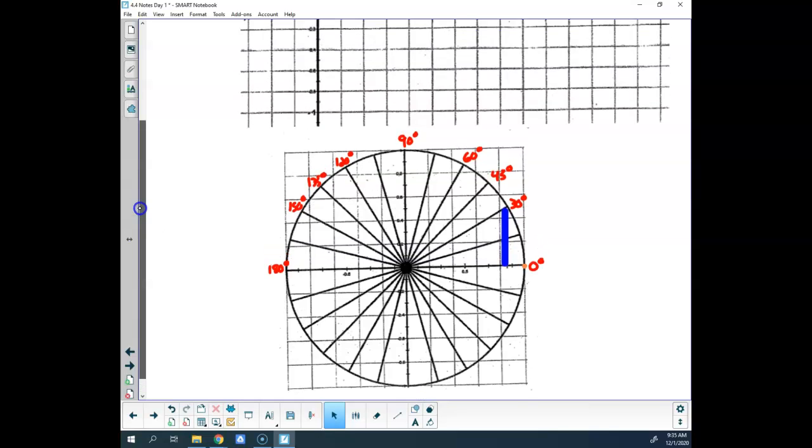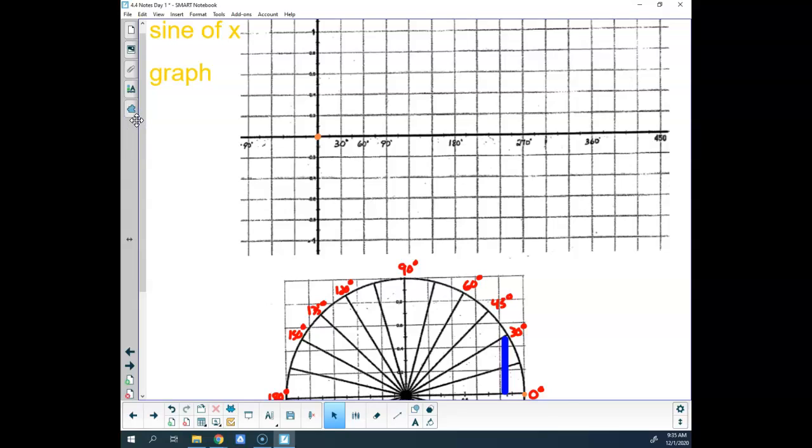Then you're going to take that very piece of spaghetti, go up here to your graph, and mark where that 30 degrees length is on your graph.